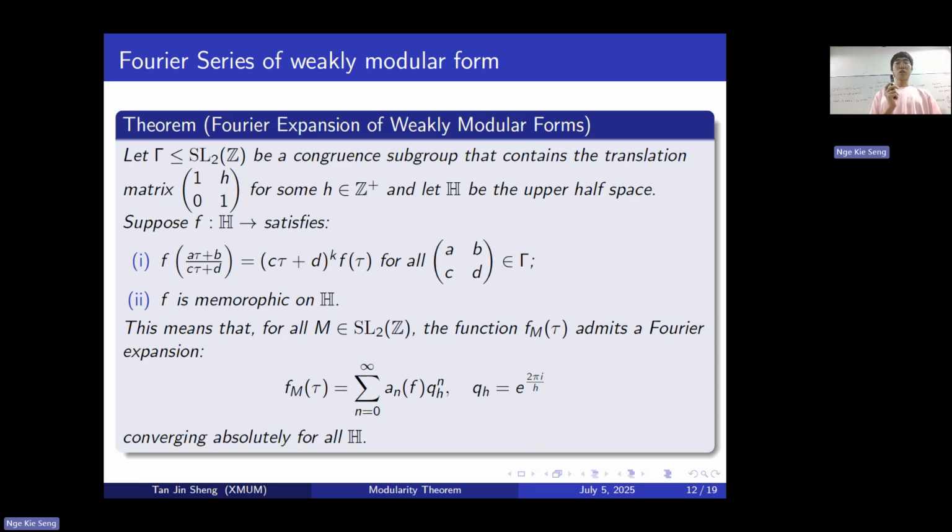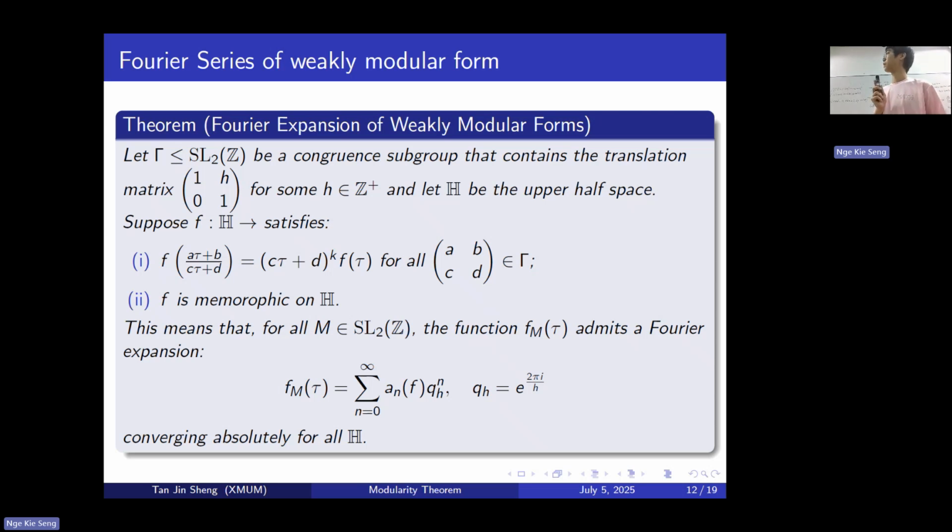Then consider the translation matrix for some positive integer h, and let H be the upper half space. Suppose this f from the upper half space is supposed to be as seen here.